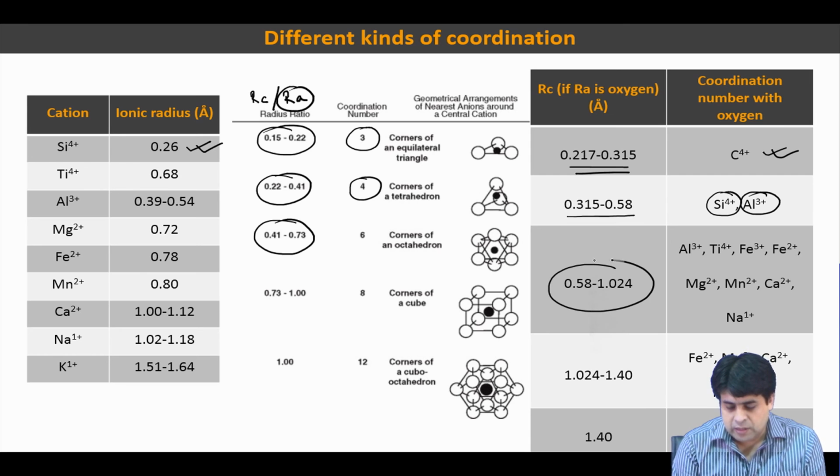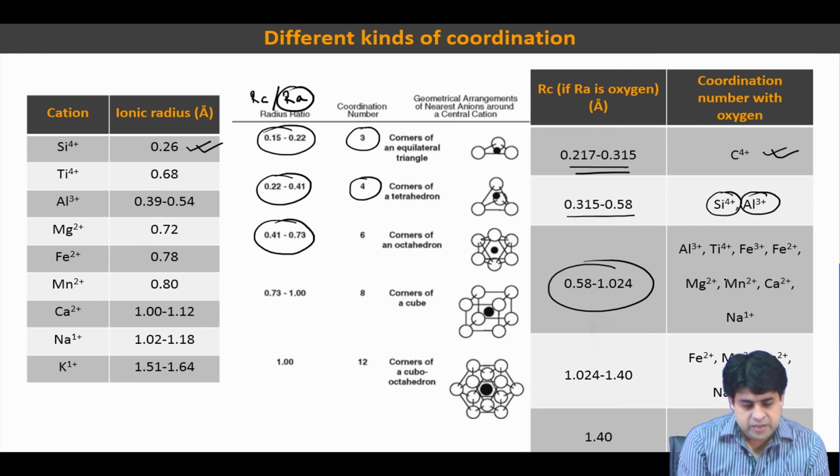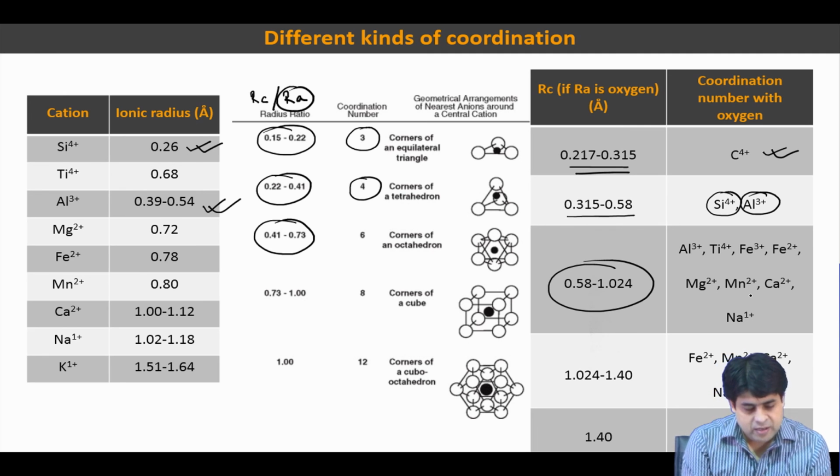the radius of the cation will vary from 0.58 to 1.024. So basically, most of the major cations which are present in the crust and mantle will come in this range.